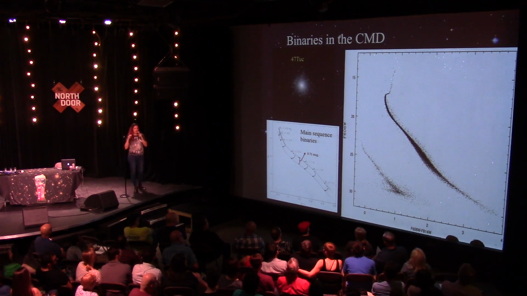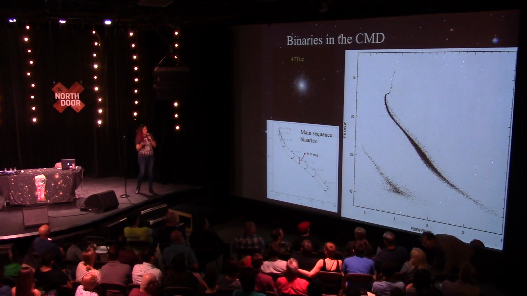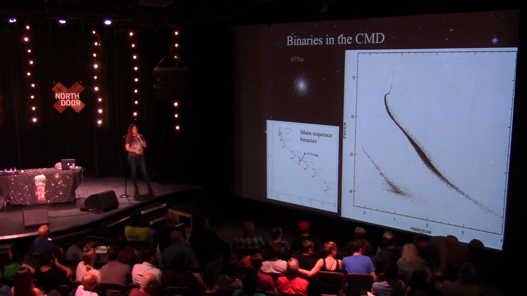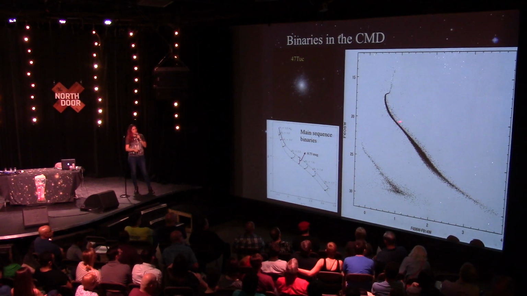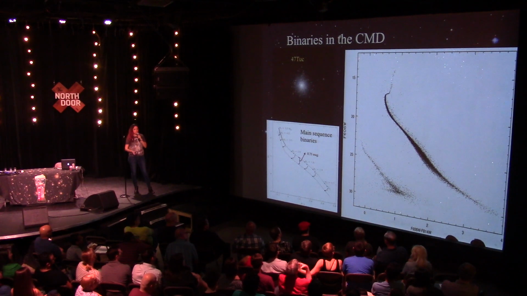Because when we combine the flux of two stars with the same mass and convert that to magnitude, if we observe them as one, we're going to observe it 0.75 magnitudes brighter, and that's the maximum. The ones that have a lower mass and a higher mass are going to be in positions a bit lower than this. So this is the expected. The normal main sequence binary stars are going to be there.